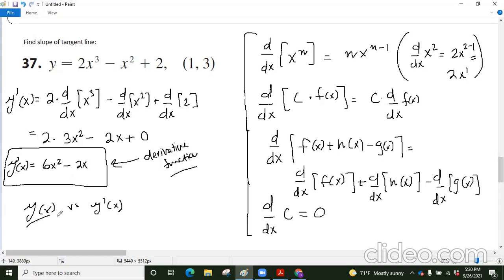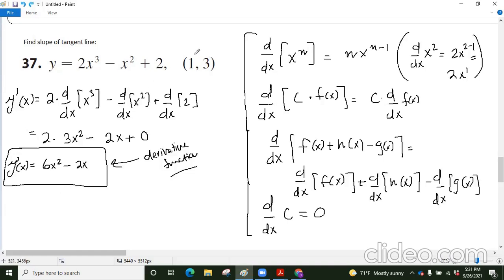The purpose of y of x is you put in any x value and it will return back a y value. And by that, you'd have an ordered pair. But for y prime of x, you plug in an x value and you're going to have the derivative, or the slope of the tangent line at that point. So both of these functions work very differently in terms of what their input does correspondingly.